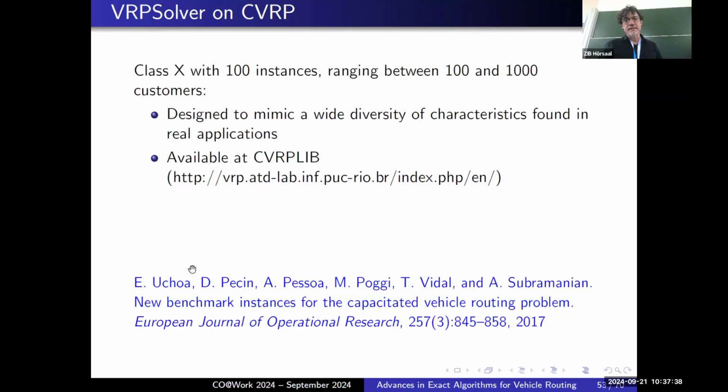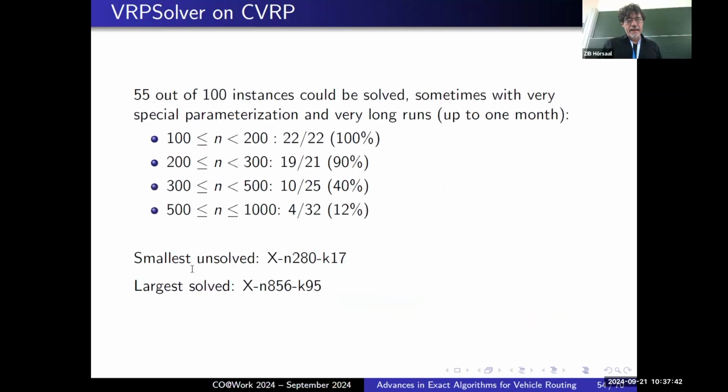So the X instances that are now on CVRPLIB, and this is perhaps the state of the art of exact solution for CVRP. So if you have instances with up to 200 customers, you will solve it. Okay, perhaps taking many days in some cases. Typically it takes minutes or hours, but some take days.